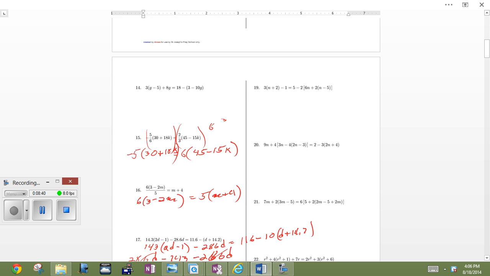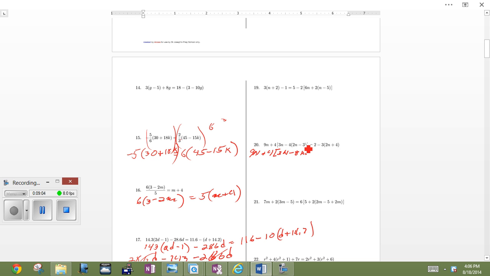We've got brackets and we've got parentheses. So we'll call our attention to do what's inside the brackets here first. So we'll bring down that 9n plus 4 times 3n. Now I'm going to distribute that minus 4, so that makes it minus 8n.